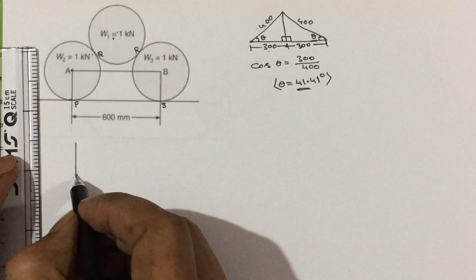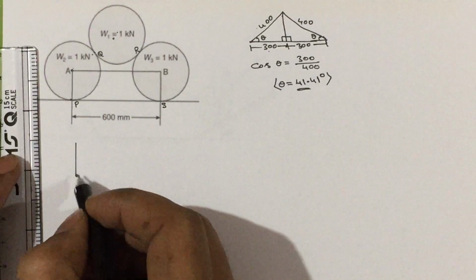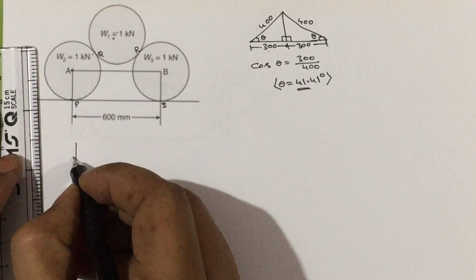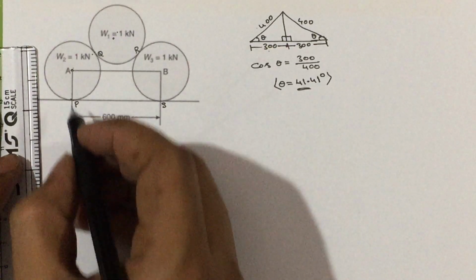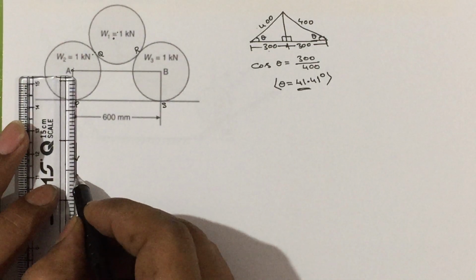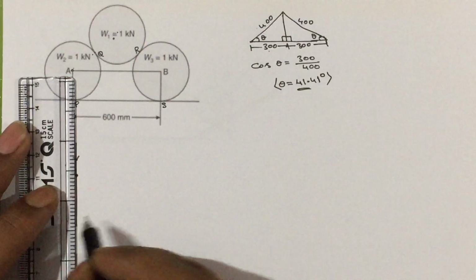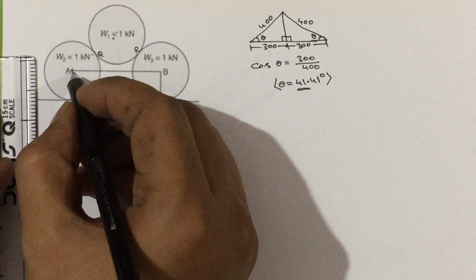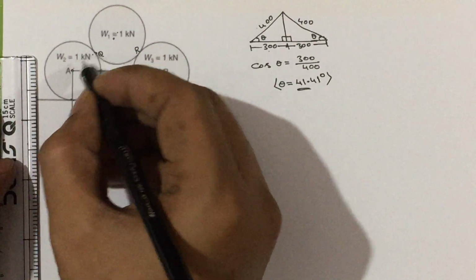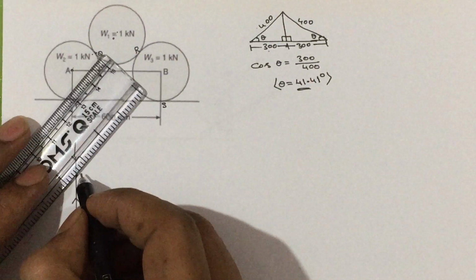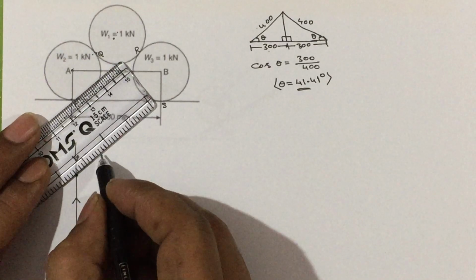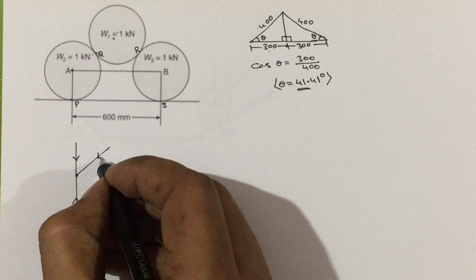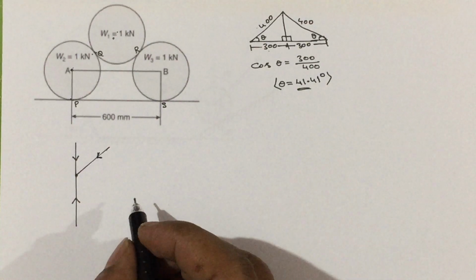Then the point, then the connected lines. This is the weight line, then we have the weight, I will write the direction also. Then we have the contact point at P, so join the center and the contact point; since it is compression, the reaction is towards the point. Then we have the contact point here, from the center join this one. So this will become the compression reaction.